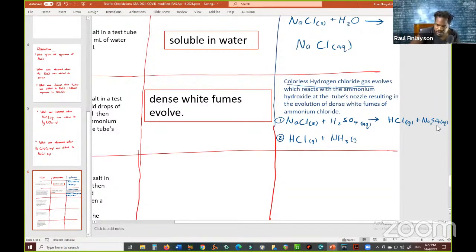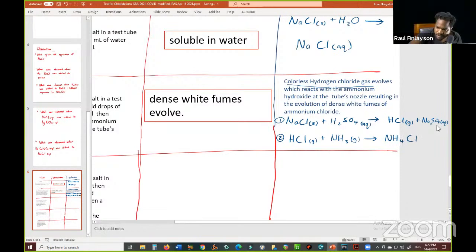This would be a gas, and then we get this forming NH4Cl, and this is actually a gas. Well, it doesn't become solid because of the temperature still, but it's actually going to be a gas there.